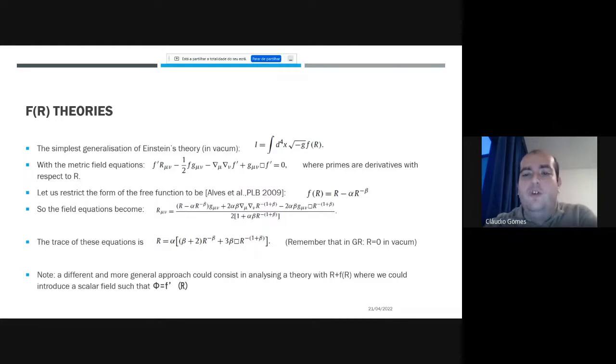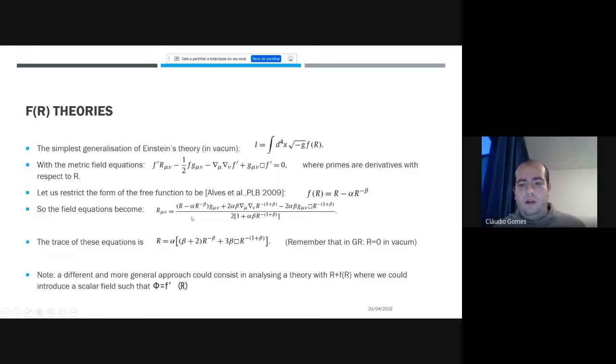So in general, it would be f(R) theories. If we now vary the action relative to the metric, we get some modified Einstein field equations, right? Which are more complicated as we introduce higher derivatives in the metric fields, okay? The primes are derivatives with respect to the scalar curvature, or Ricci scalar.